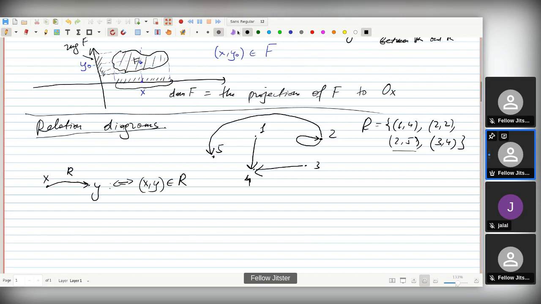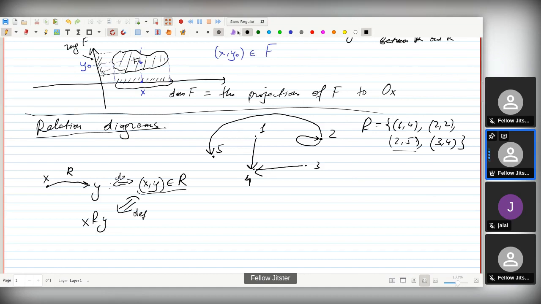There is another interesting way to denote this fact that x, y belongs to R. We may denote it this way: x R y. This is the same.